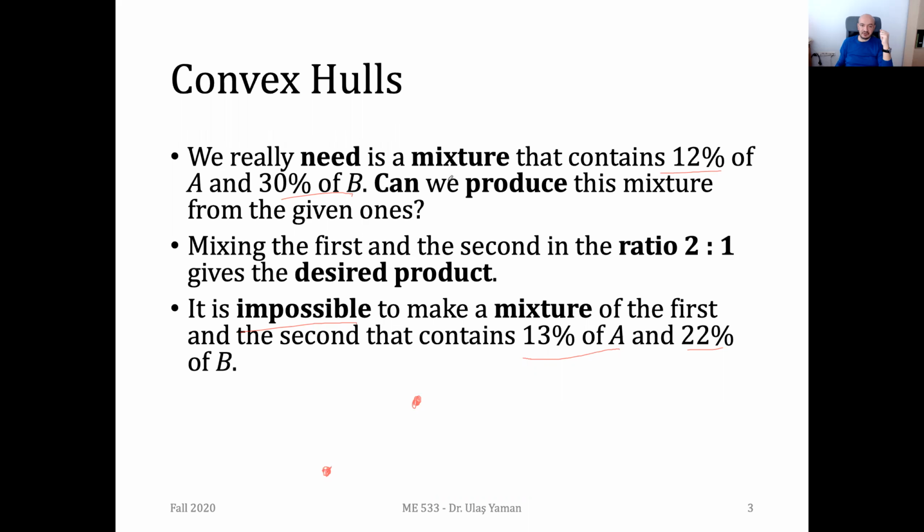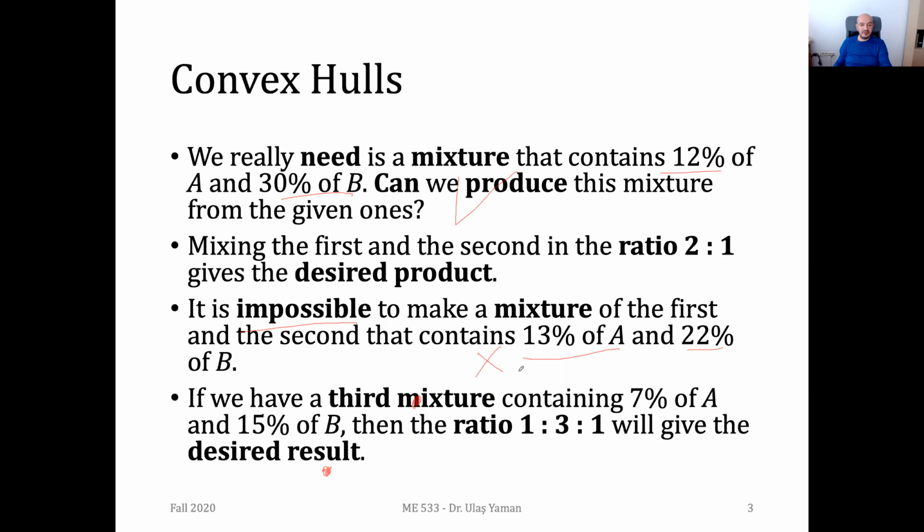We said that the first one is okay, but the second one is not possible. This is since we just have two oil wells, we cannot obtain such a specific percentage of A and B. But what if you have three oil wells?